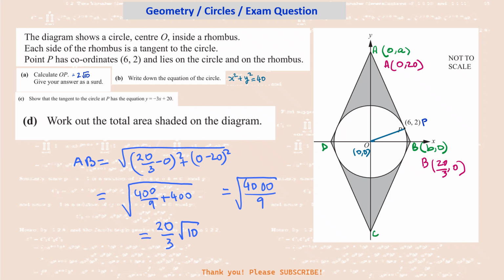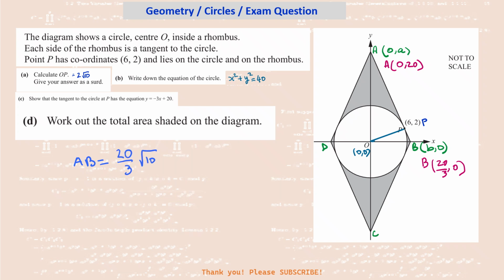You can leave it as is, it's easy to simplify. So AB is this, and then I can now work out the area of triangle OAB. That's this triangle. So the area of it will be half times AB, the base, times height OP.